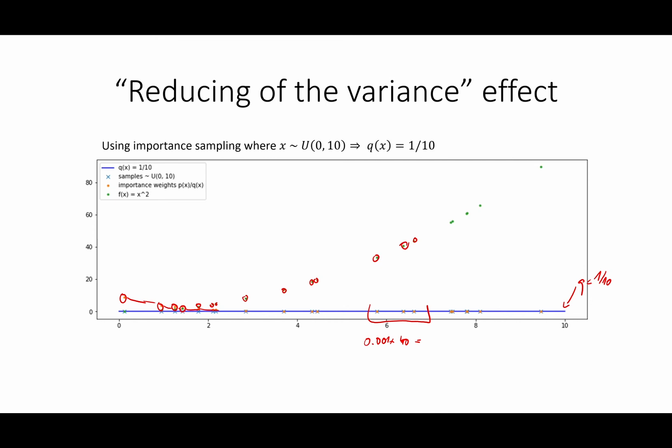It's not 0. It actually has some stake in the averaging. So by sampling uniformly, we are just giving a chance to all these green dots here, that in the former, in the raw Monte Carlo integration, they didn't have a chance at all.